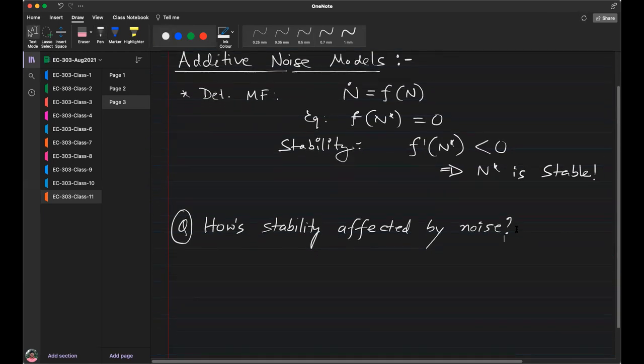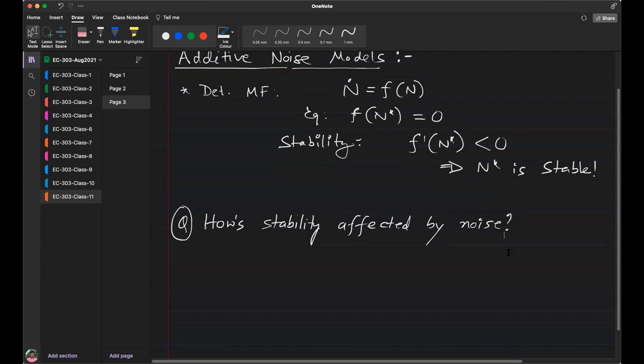So what do you think? You can think of this question as analogous to what we did for diffusion, right? Remember, we had the mean field model and we added diffusion to it. And then we asked, is the stability of the equilibrium changed by the presence of diffusion? Okay, so this is an analogous question.